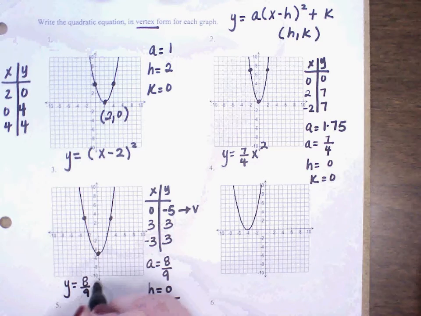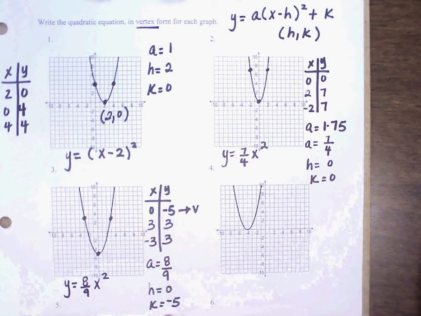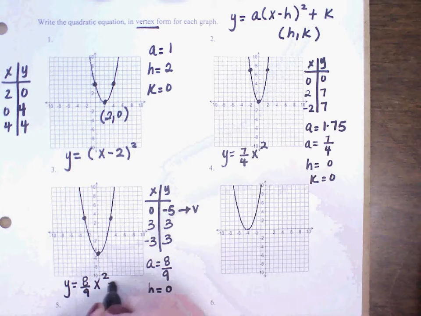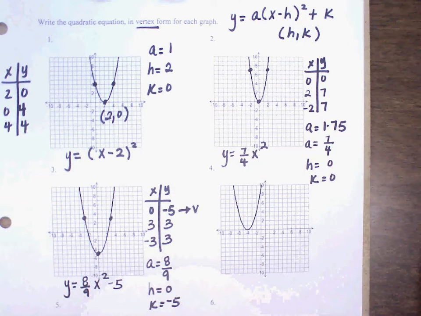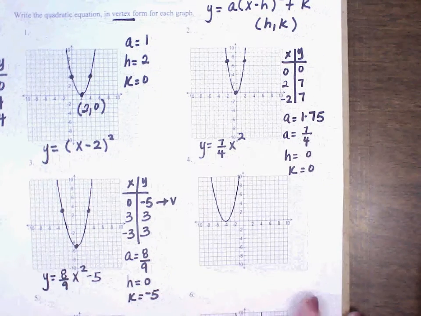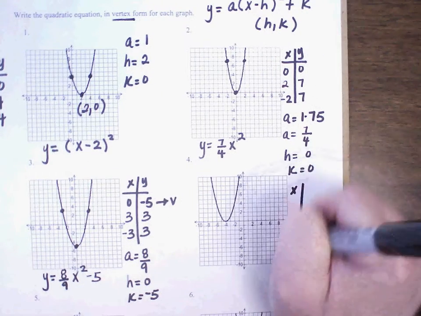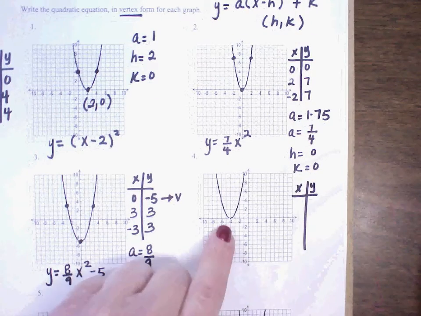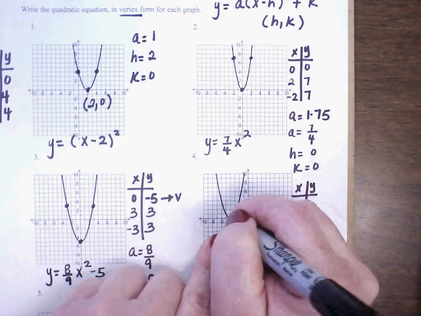Actually, I don't have an H, so do I need to put parentheses? No, so you just got to put x squared. But I do have a K, and what's my K? Minus 5. Are you with me? Pretty easy, right? We're having trouble? All right.